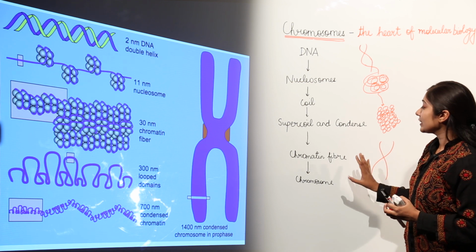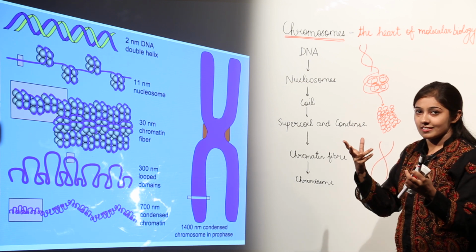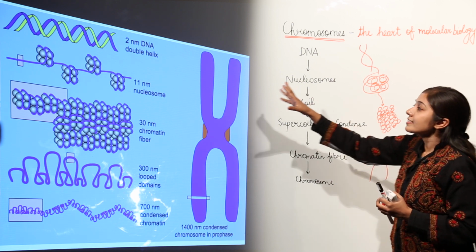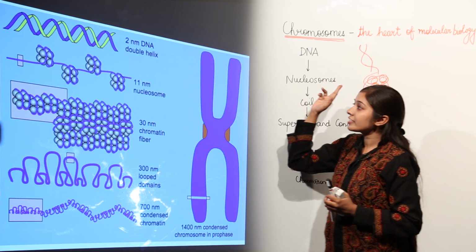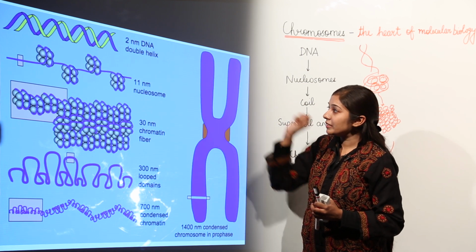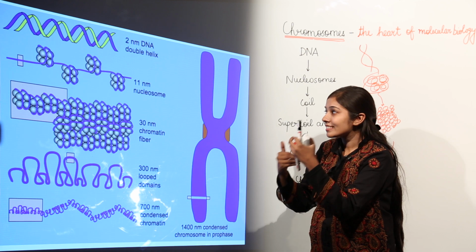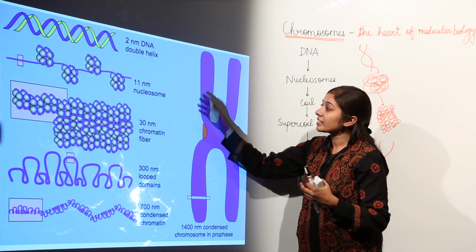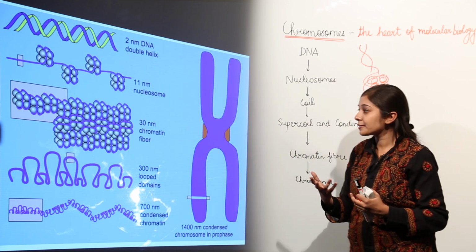So I am going to discuss the size of all these points. See, for example, we have a double-stranded, double helix DNA. It has a size of 2 nanometers, and when it coils around histone proteins, it forms nucleosomes. The size is around 11 nanometers.